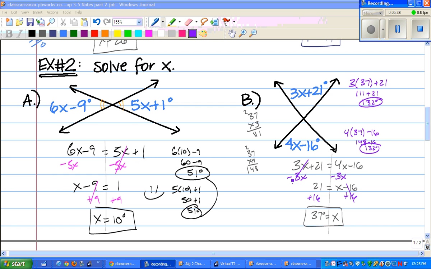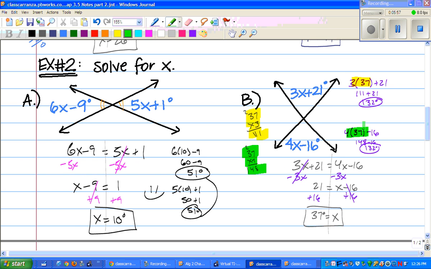So we subtracted 3x to both sides, you get x, and then I added the 16 and you get 37. And to figure out what those two angles were, 3 times 37 plus 21, I could not do that in my head. So there's my side work, and then plus 21 is 132. And the same thing over here, I did the side work. And then you get 132 degrees for each one of those.